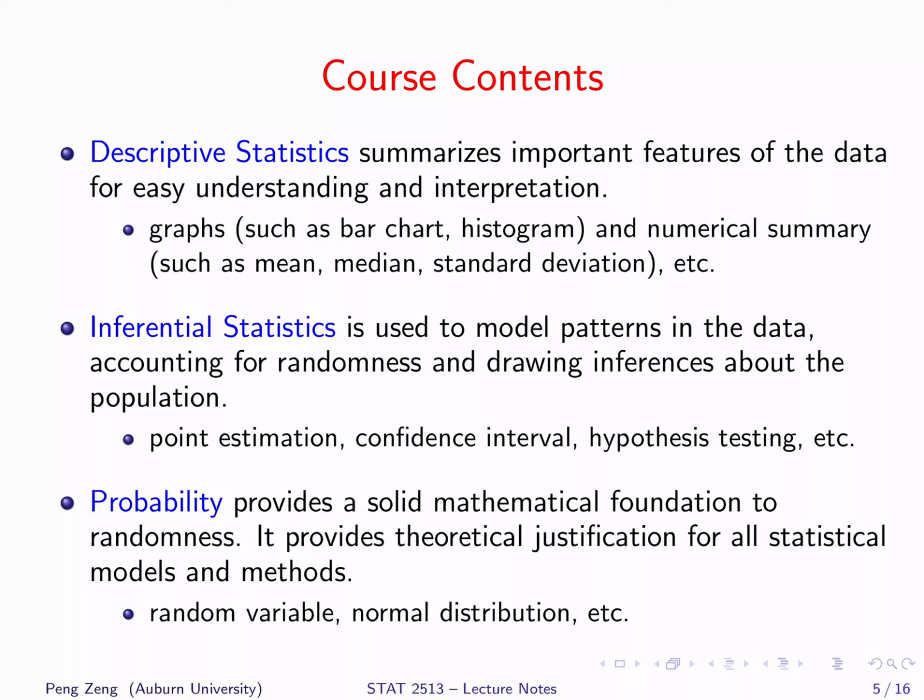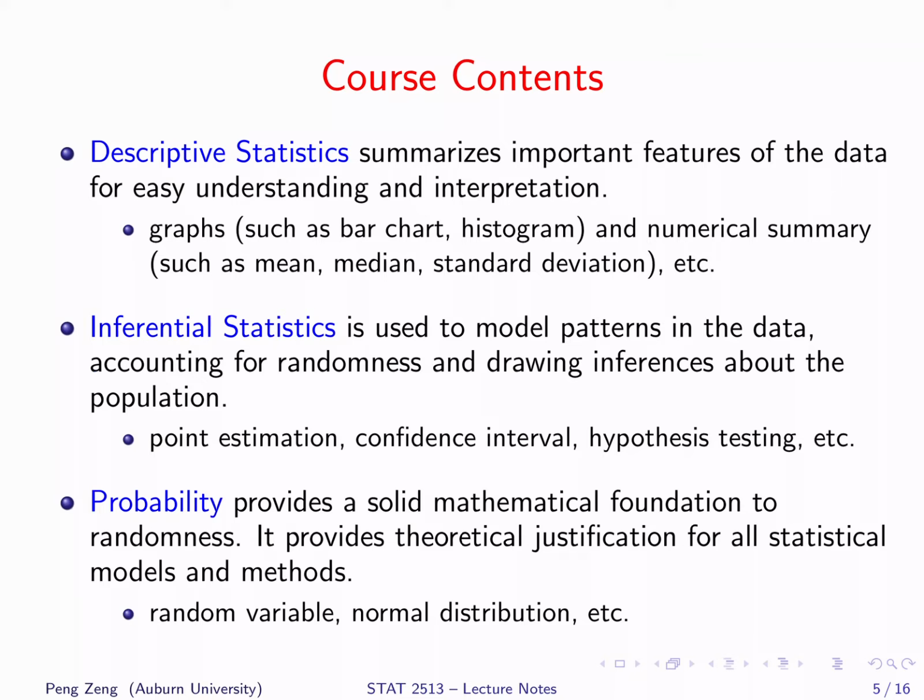The last category is probability. Probability provides a solid mathematical foundation to randomness. It provides theoretical justification for all statistical models and methods. It includes topics such as random variables, normal distribution, and many more.